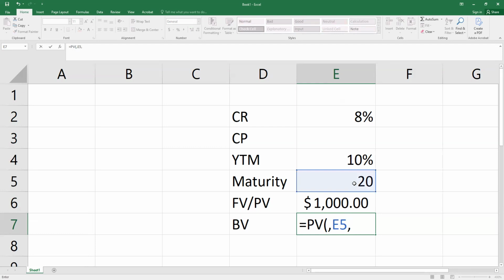And the PMT, it's the annual payment. It's the coupon payment that you need to calculate. It's basically coupon rate multiplied by the face value. And my future value is basically my par value or face value. And close the brackets.